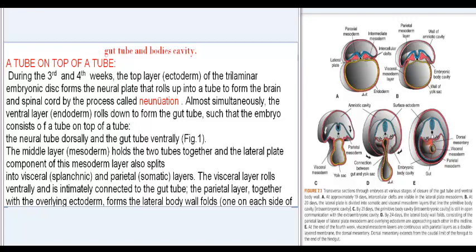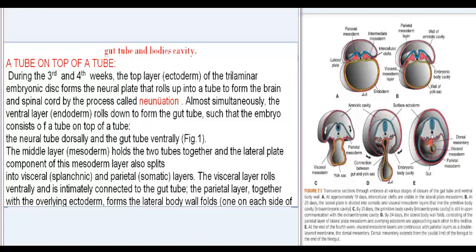The middle layer, mesoderm, holds the two tubes together, and the lateral plate component of this mesoderm layer also splits into visceral, splanchnic, and parietal, somatic, layers. The visceral layer rolls ventrally and is intimately connected to the gut tube.